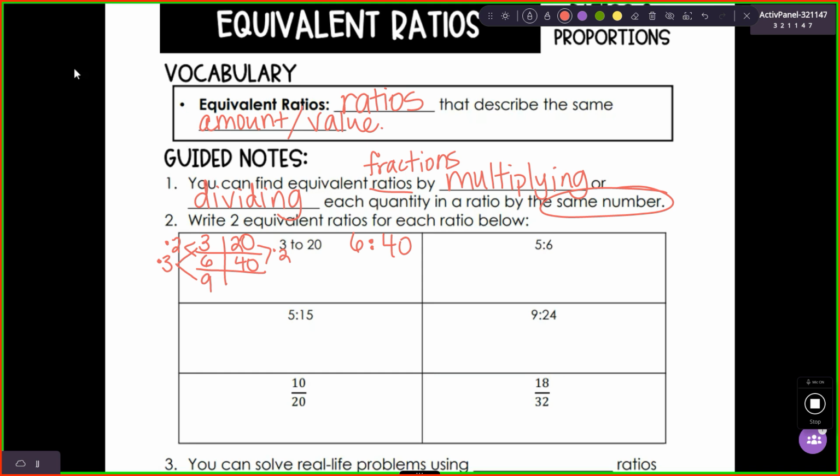And if I do it to my numerator, if I do it to my left side, I have to do it to my denominator, which is the right side. So 20 times 3, 60. And I created my 2 equivalent ratios. 9 to 60.